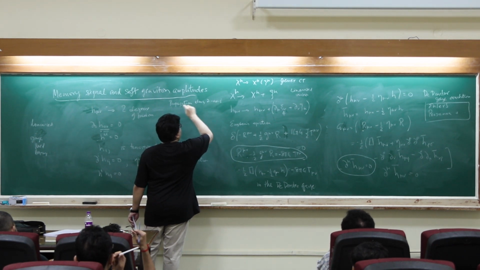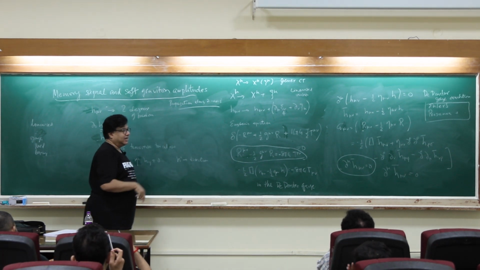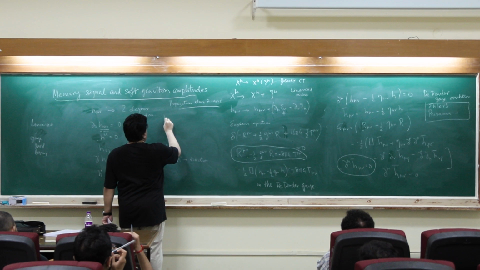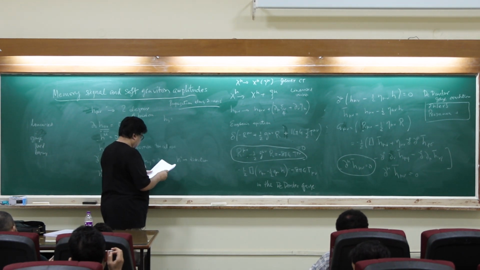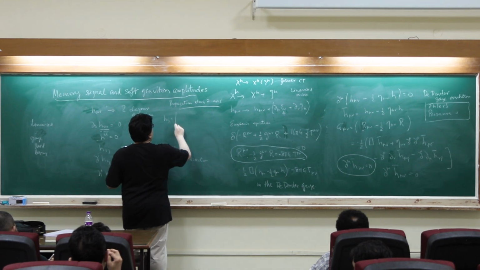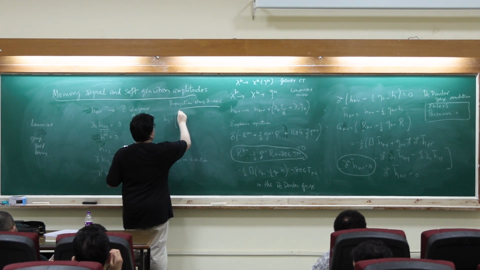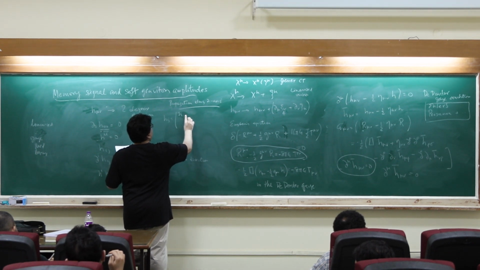Whichever axis it is propagating along, you choose that as your z axis. Then your hij, with ij being 1, 2, 3, is h plus.